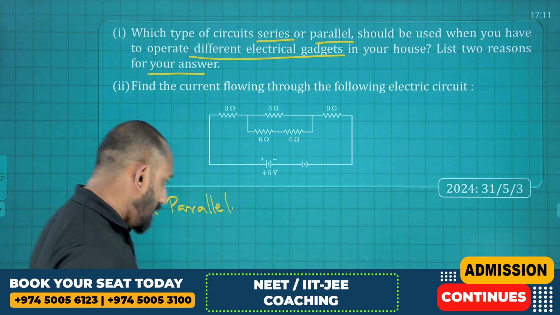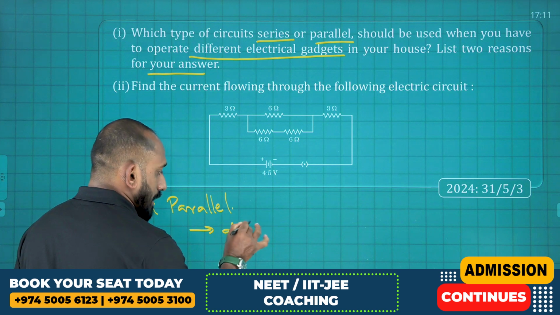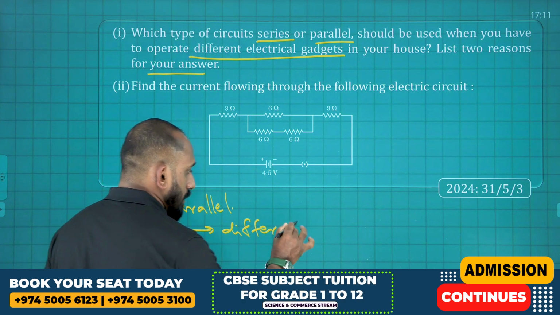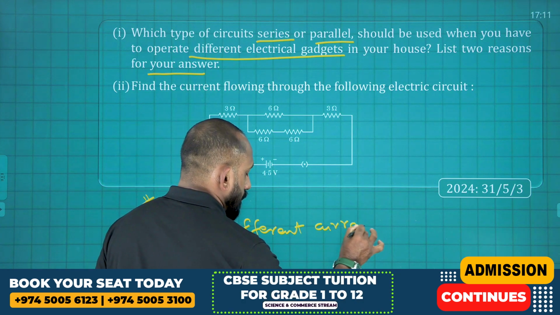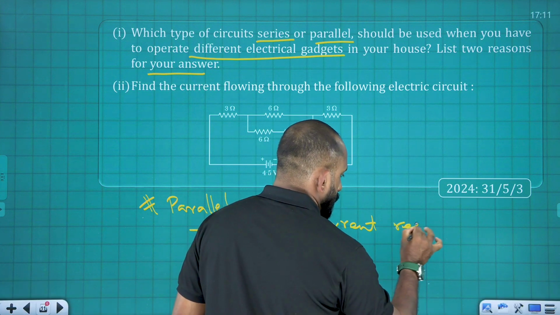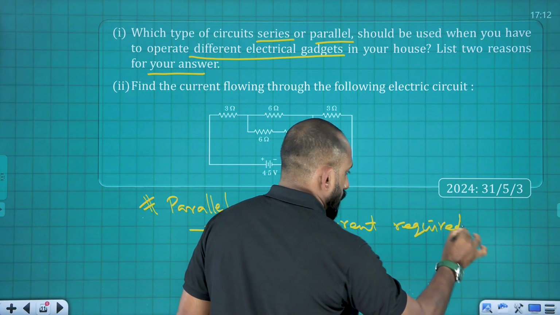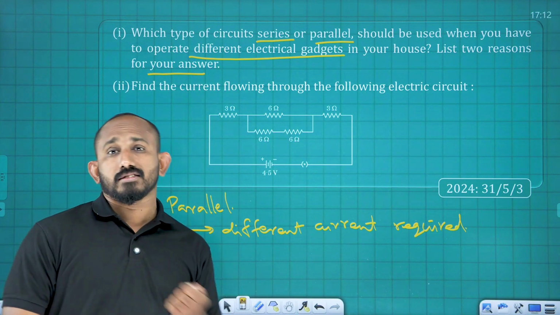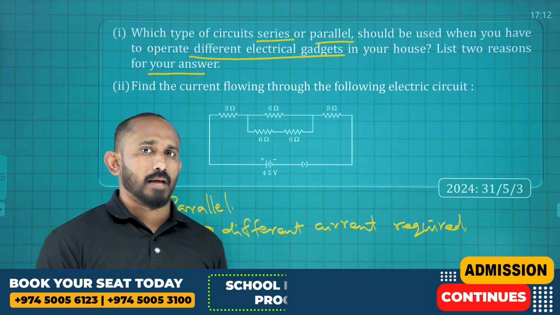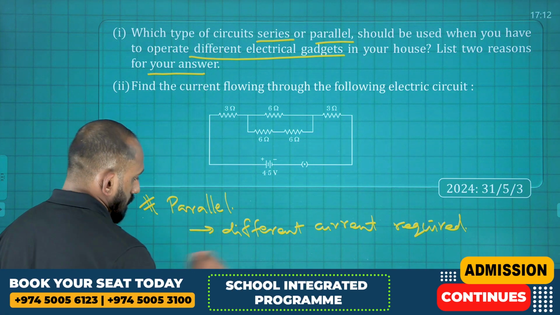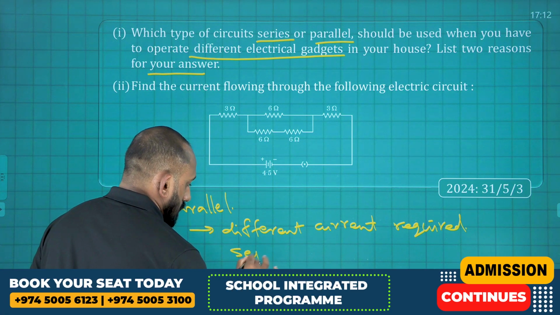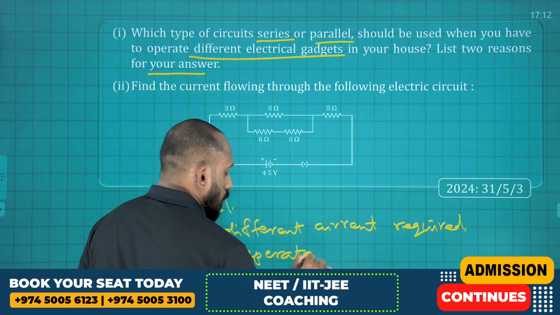Why is it? One, different currents are required. Then they can be operated separately, independently. Separate operation can be done.